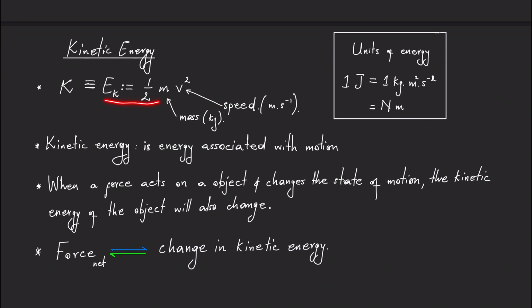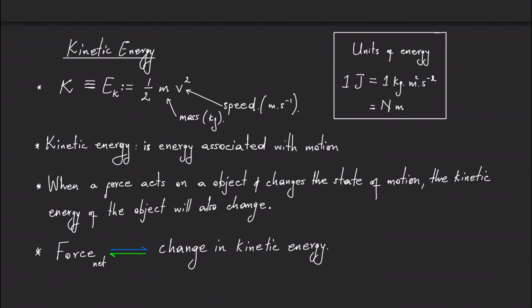Take this definition of kinetic energy and plug in the speed equal to 0. A stationary object will have zero kinetic energy, but a moving object will have a positive kinetic energy, which means the more the kinetic energy, the more motion, or the faster the motion. The faster the motion, the more kinetic energy an object has.